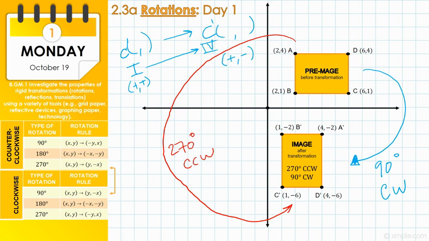C is 6, 1. Again, in this instance, I want to switch 1 and 6. So my new coordinate will be 1, 6. Quadrant 4, I know that 6 has to be negative. C to C prime, 1, -6. C is 6, 1.